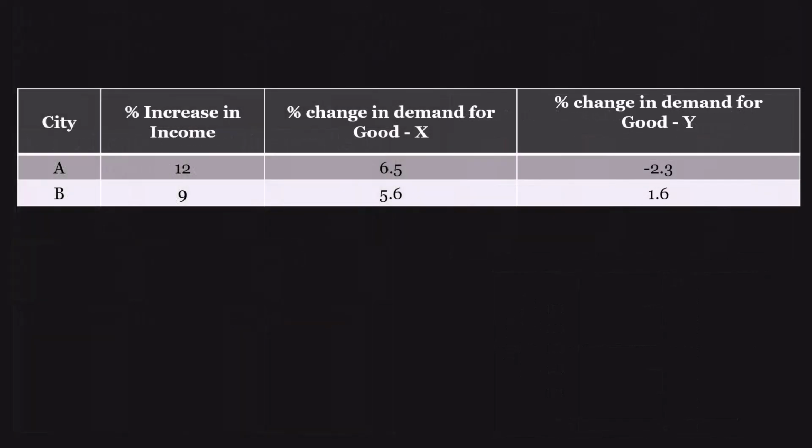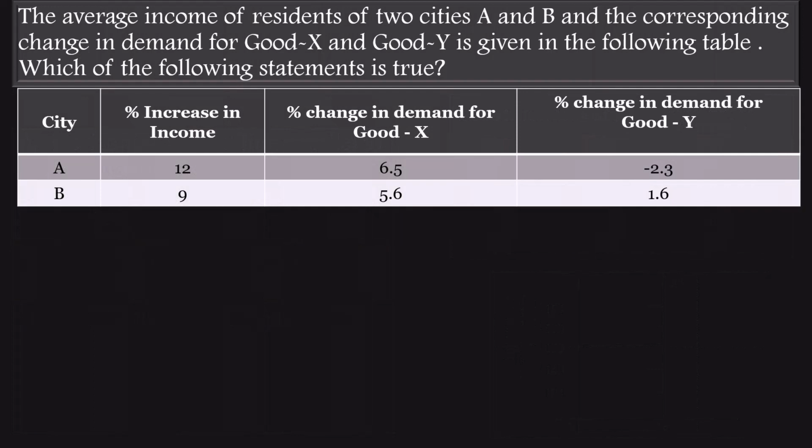Fourth question. The average income of residents of two cities A and B and the corresponding change in demand for good X and good Y is given in the following table. Which of the following statements is true? The table.